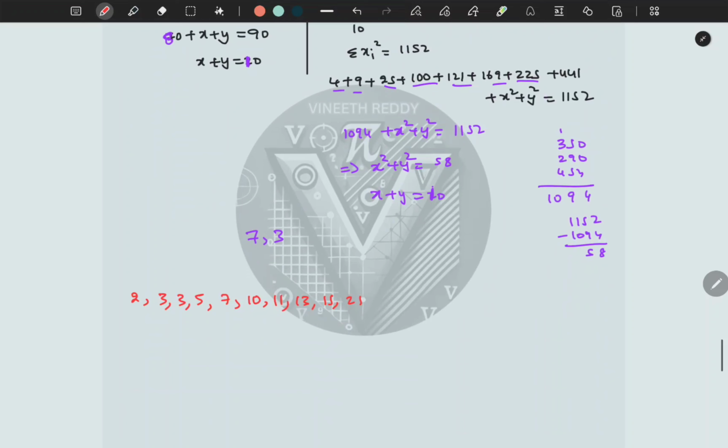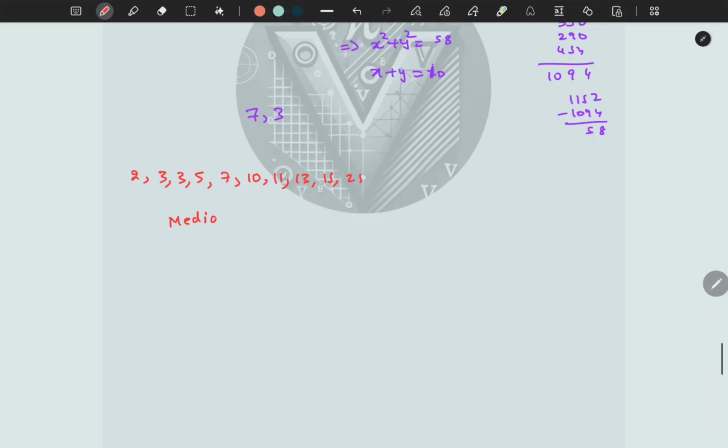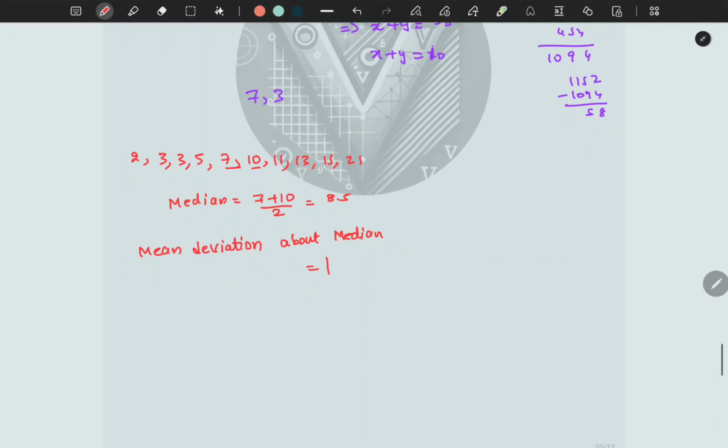So what is he asking? Mean deviation about the median. So what will the median be, dear students? It will be the average of the 5th and 6th observation, that is 7 plus 10 divided by 2, which is 17 by 2, which is 8.5. So mean deviation about median will be mod 2 minus 8.5, that will be minus 6.5, so it will be 6.5, plus 3 minus 8.5 will be 5.5, mod of that. So I'm writing the absolute values, dear students. Again 8.5.